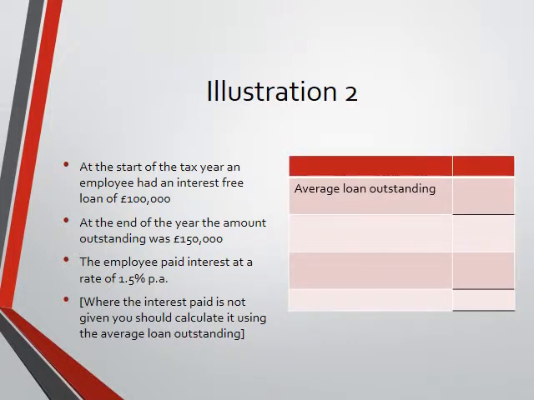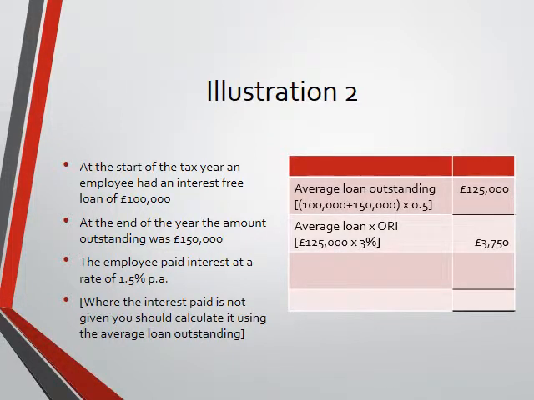So in this case, we would start by calculating the average loan outstanding over that year. That's 100,000 plus 150,000 divided by 2. The average loan outstanding during the year was 125,000. On that we can calculate the average loan multiplied by the official rate of interest, which works out at £3,750, and then deduct the interest that would have been paid on that loan.